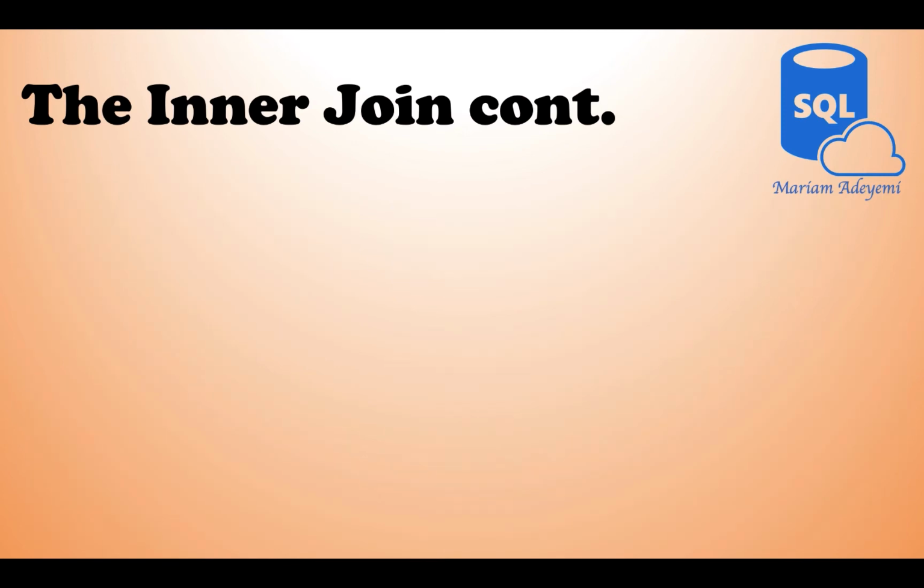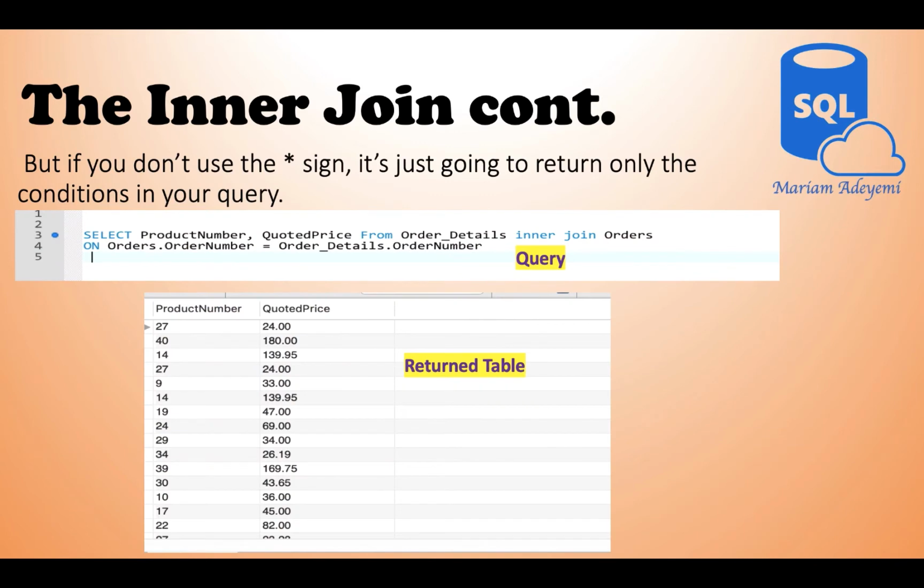So you're going to have everything returned in the report as seen right here if you use the asterisk sign. But if you do not use the asterisk sign, as seen here, it's just going to return only the condition in your query. This says select product number, quoted price from order details table, inner join orders, and so on in the query. And then the results just threw out the product number and the quoted price.